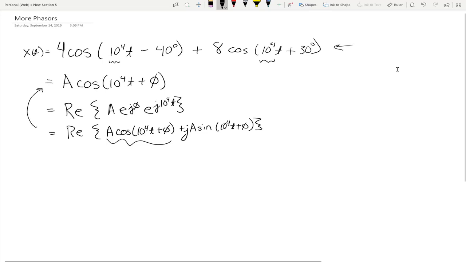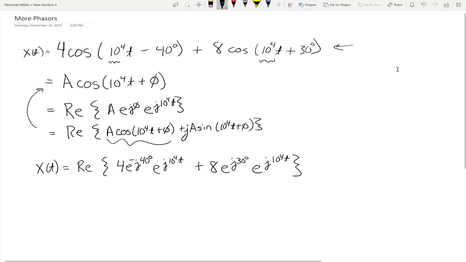All right. So if I look at that, and I look at the expression that I have up at the very beginning, I see that I've got two cosines in there. If I were to express that, let's say I just said that x of t was the real part of 4e to the j minus 40 degrees times e to the j 10 to the fourth t plus 8e to the j 30 degrees times e to the j 10 to the fourth t.